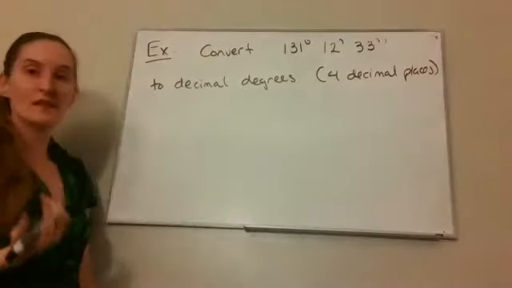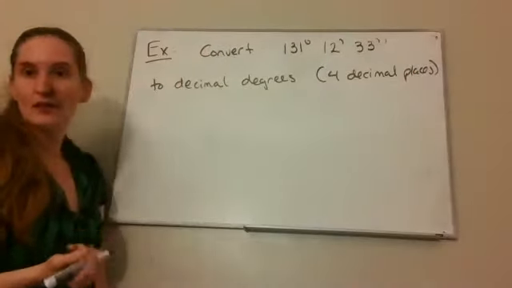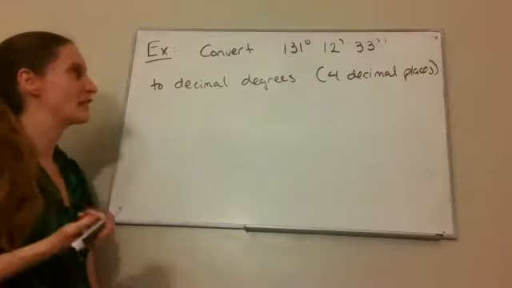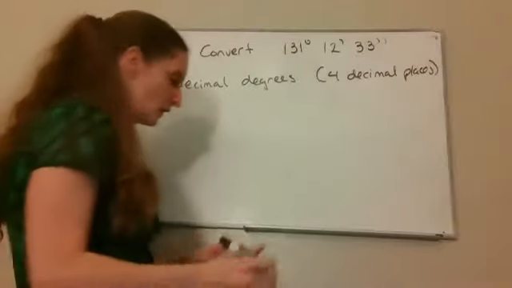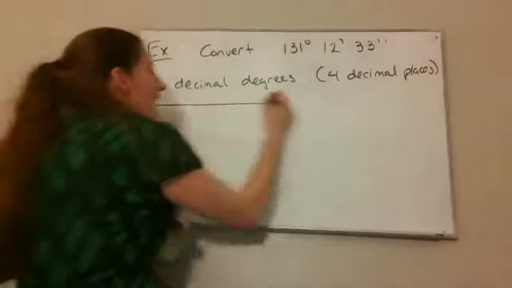Well, I want this all to be in degrees instead of degrees, minutes, and seconds. I want it to say 131 point something degrees. So let's see what we have.